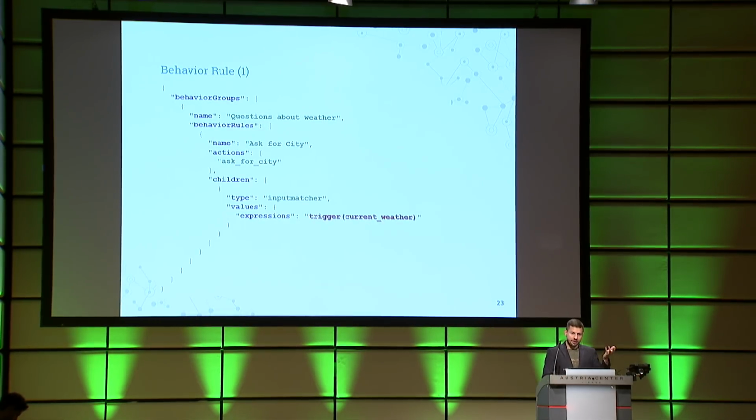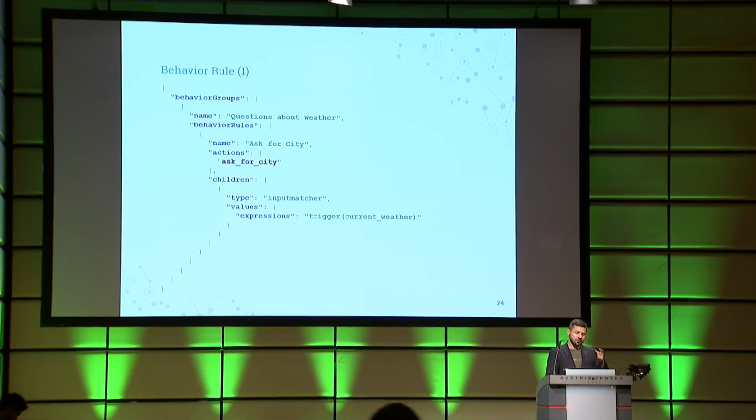Not particularly the input itself, but the meaning that we have extracted from the parser. And then there's another one that's also important, which is, in that case, ask for city. This is an action. So whenever a rule applies, all the conditions are true, then it triggers an action, and other modules that follow would listen to certain actions and then execute based on them.